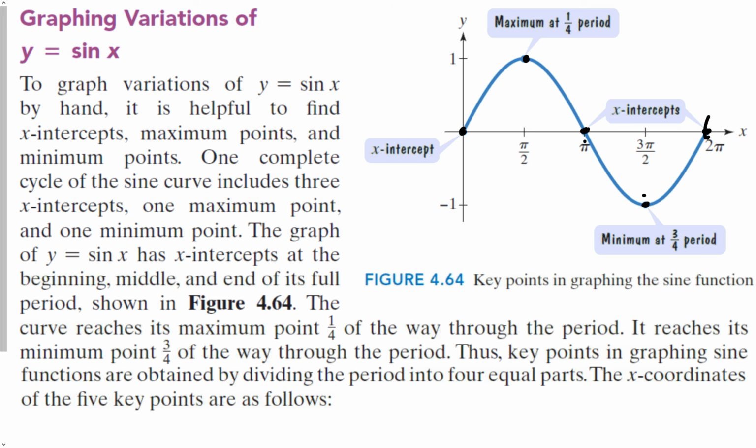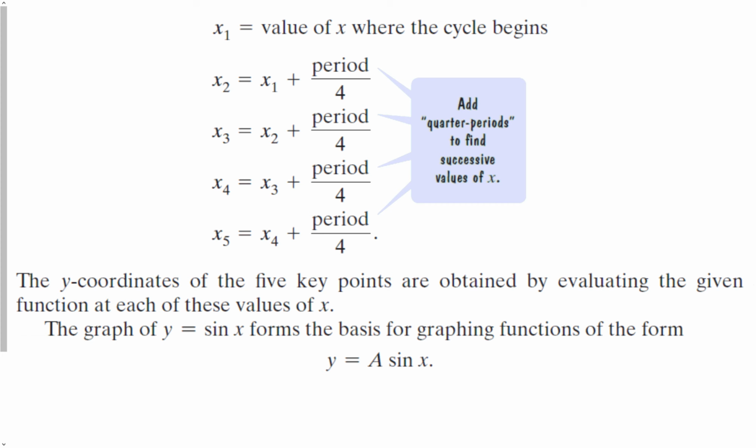So graphing key points, when we're graphing the sine function, are obtained by dividing the period 2 pi into 1, 2, 3, 4 equal parts. Like this. We start the cycle, we start the graph.